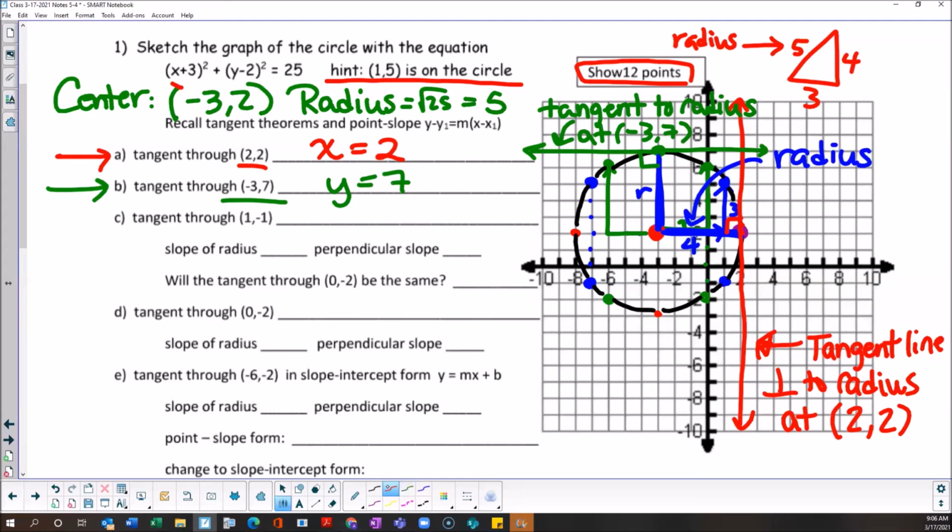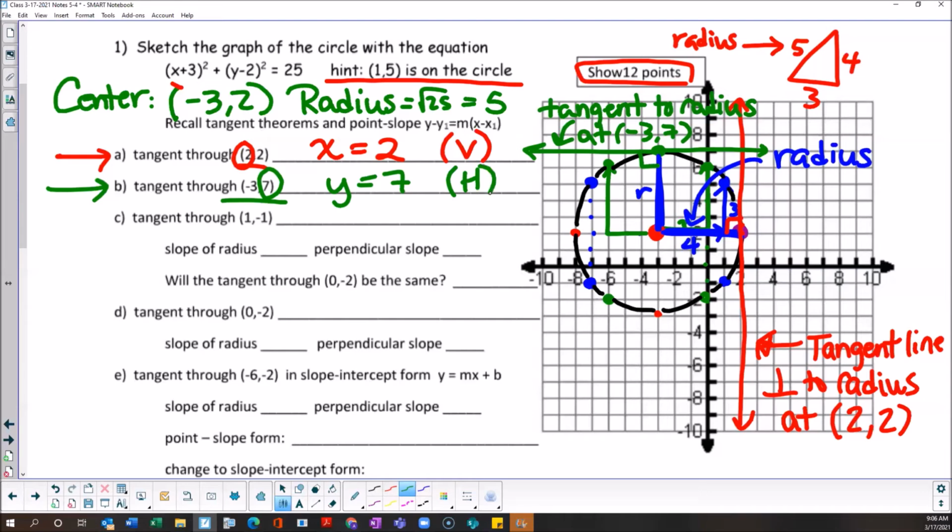If it's going to be an x equals equation, you just put x equals whatever that point was given to you. If it's a y equals, it's y equals the y coordinate. Now that only works if you have a vertical line. This one's vertical and this one's horizontal.